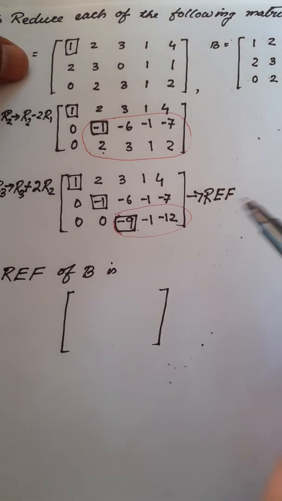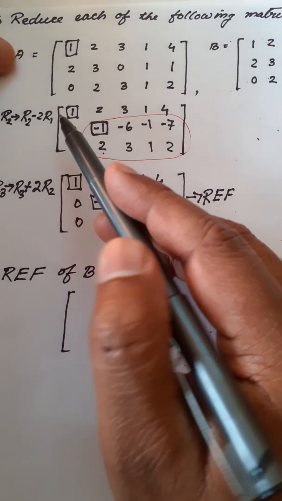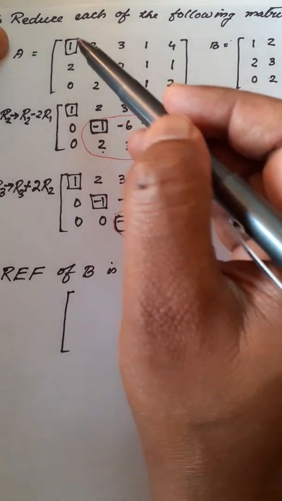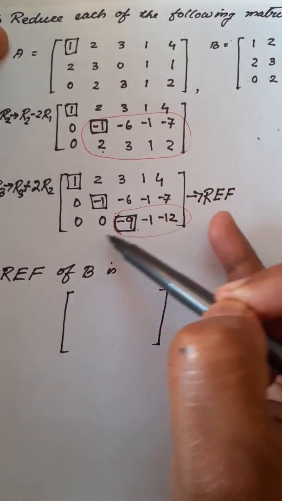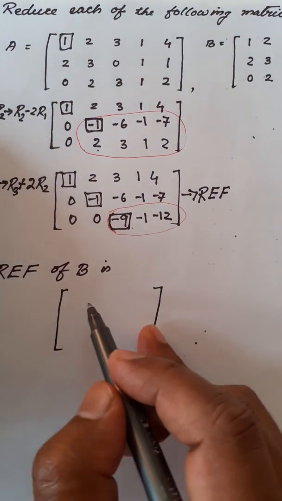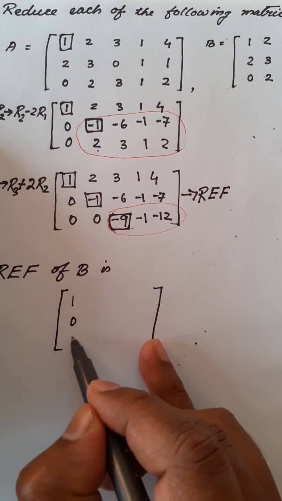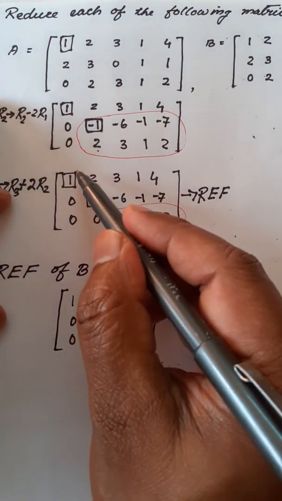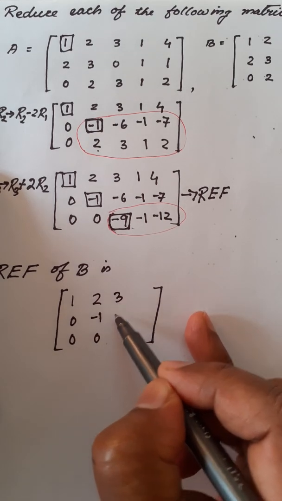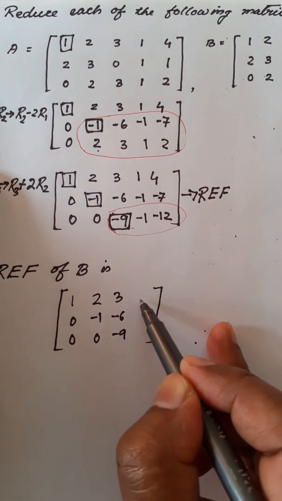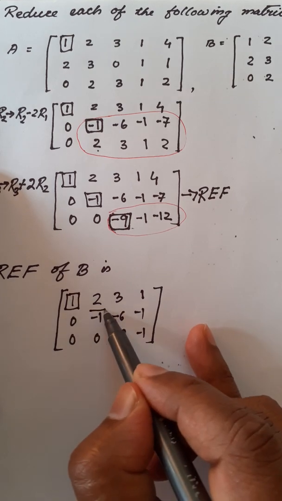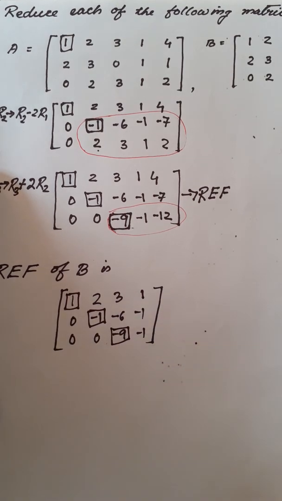You just write down the first four columns of the row echelon form of A to get the row echelon form of B. So the row echelon form of B will be 1, 0, 0, the first column, then 2, minus 1, 0, 3, minus 6, minus 9, and then 1, minus 1, minus 1. So here the pivots are 1, minus 1, and minus 9.